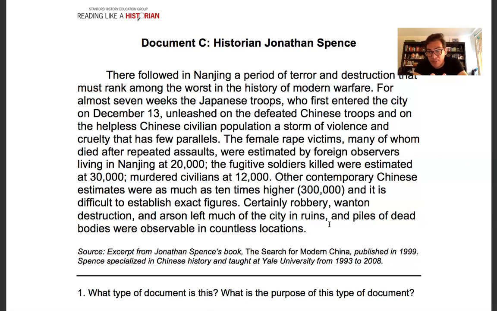So now, try to think of 2 or 3 ways that what he's saying is either supporting or going against the Japanese textbook, and 2 or 3 ways that he is either supporting or going against the Chinese textbook. Take a few moments to do that over on the right.